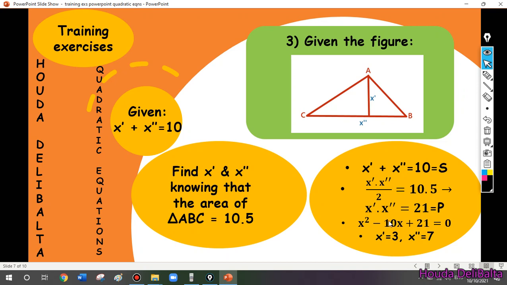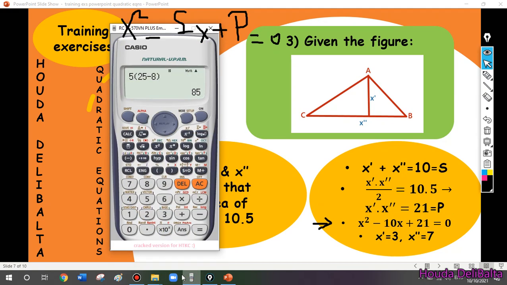Now I have the sum, I have the product. I apply the rule that says x squared minus sx plus p equals 0. I just apply that rule to form the quadratic equation you see here. X squared minus 10x plus p, which is plus 21, equals 0. Now I simply use the calculator to find the roots.